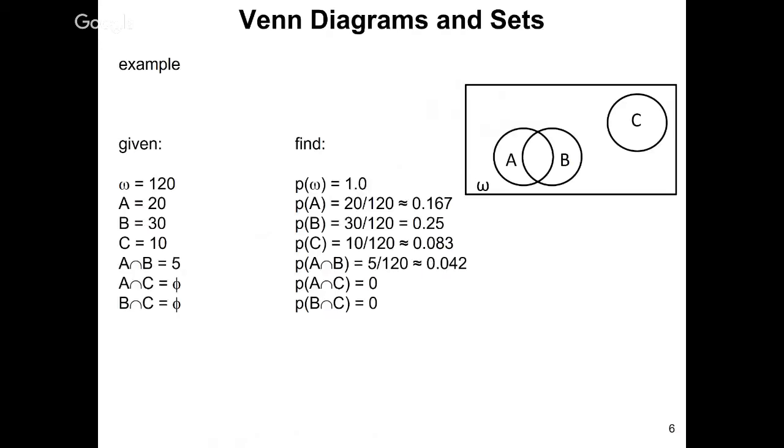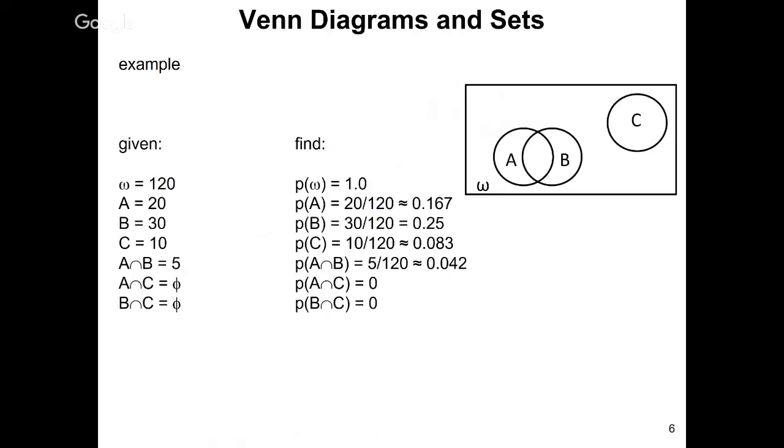But how many possibilities are there total in the universe that we've defined here, the dartboard? How many total different places could you hit the board? 120. So to find the probability of hitting it in here, you just do 5 divided by 120.